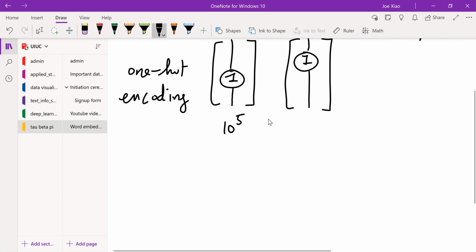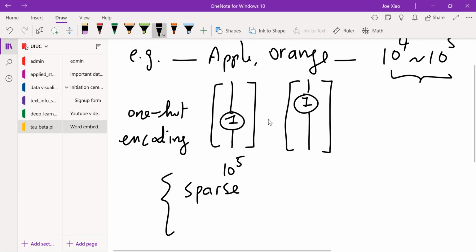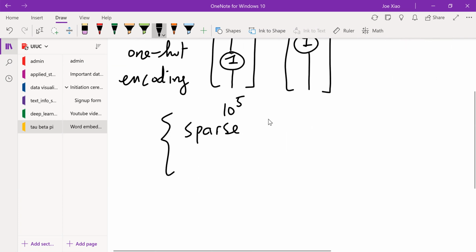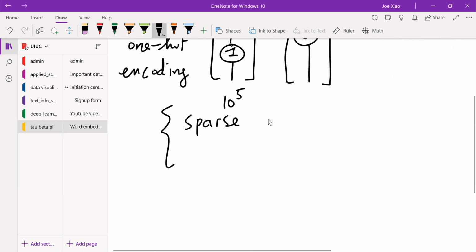The issue is this representation is sparse, meaning that you get a lot of empty spaces with zeros, and really the only useful information is where the words are. So for every vector of 10 to the fifth in length, you get really one piece of information. So that's not really good for computation.